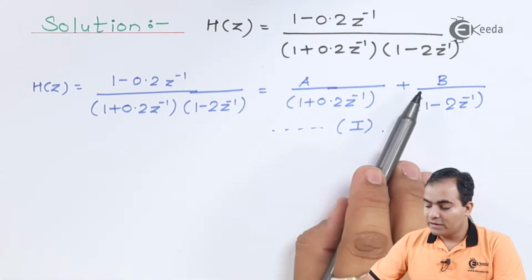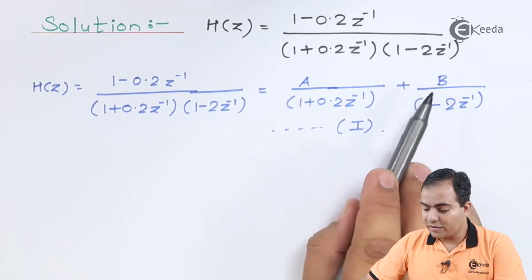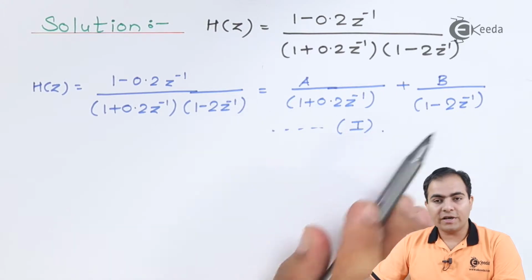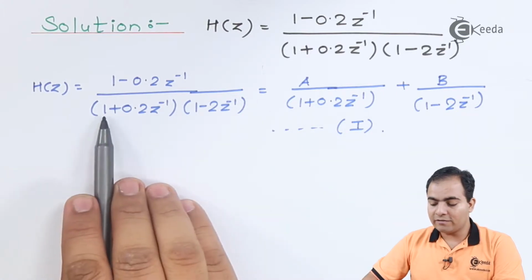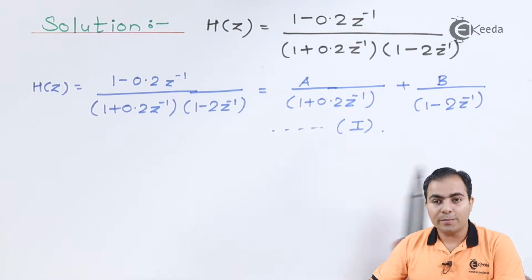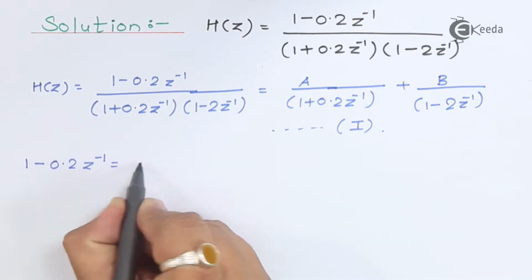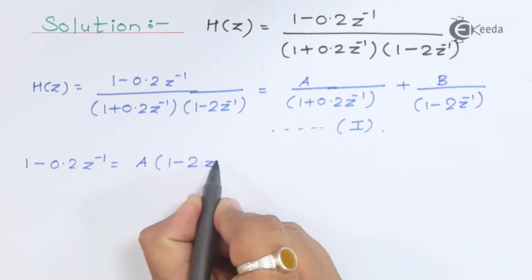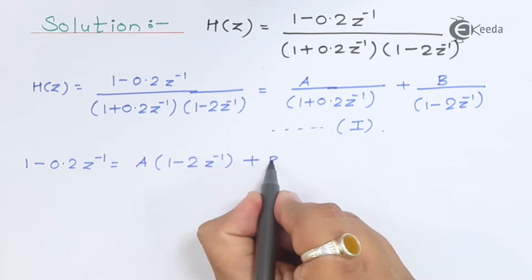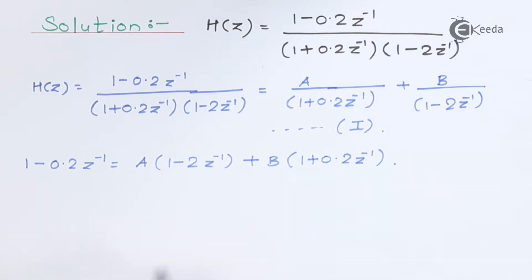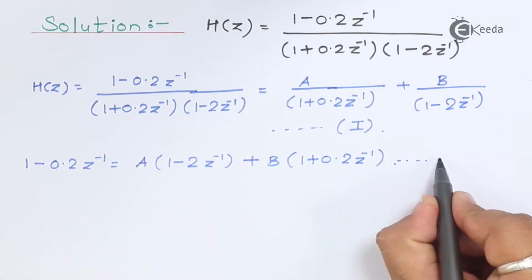Similarly, for B, just exclude 1 minus 2 Z inverse and only multiply 1 plus 0.2 Z inverse with B. Now this will be my equation number 2.